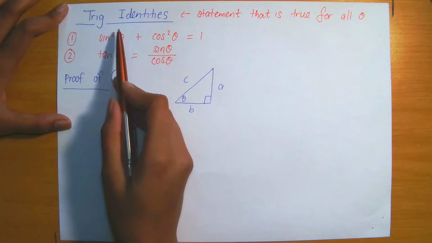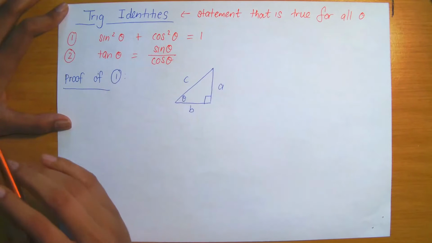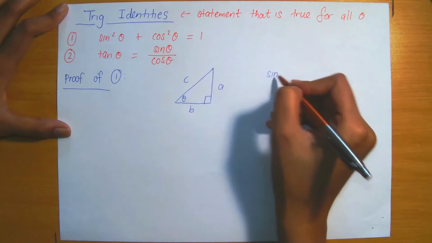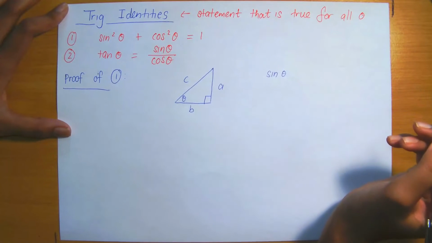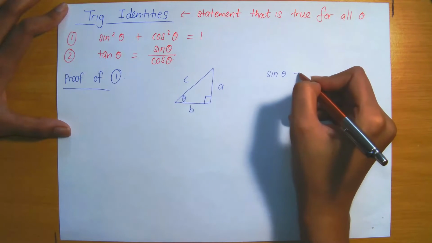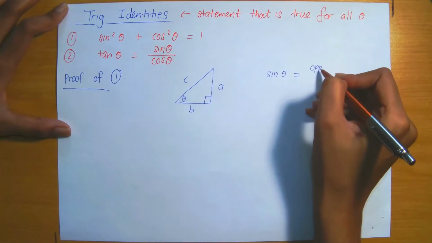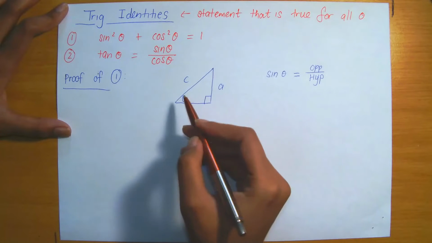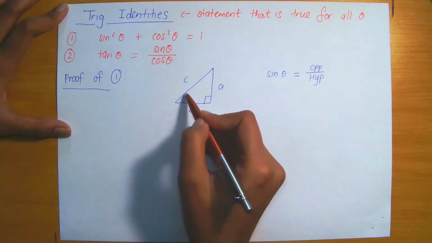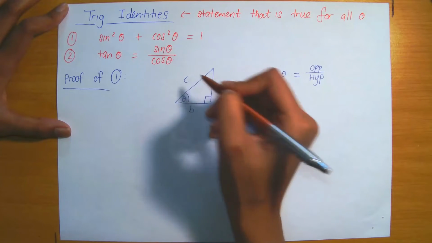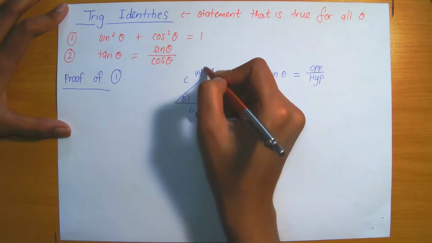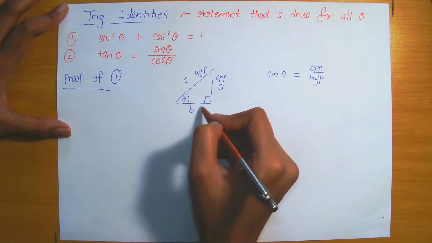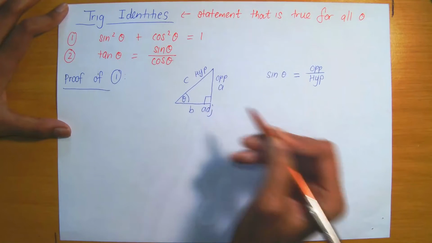So in 1, we're working with sine squared theta and cos squared theta. So let's write down what is sine of theta. Remember our acronym SOHCAHTOA, sine of theta is opposite over hypotenuse. Right, so in this diagram, if that's the reference angle, this is our hypotenuse, this side is the opposite, and this side is the adjacent.